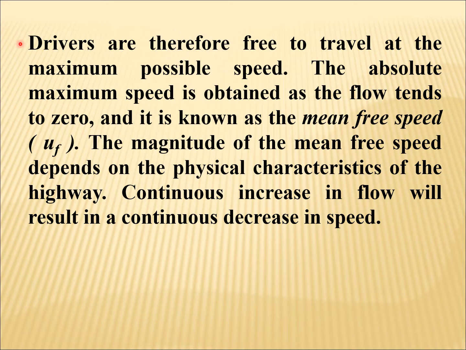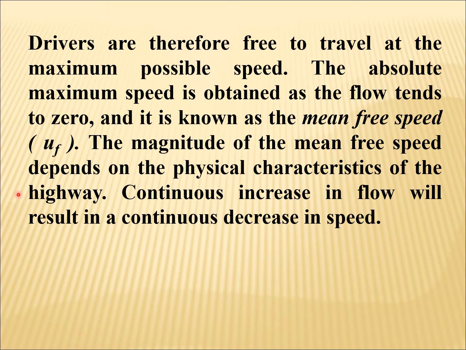Drivers are therefore free to travel at the maximum possible speed. The absolute maximum speed is obtained as the flow tends to zero, and it is known as the mean free speed, u sub f. The magnitude of the mean free speed depends on the physical characteristics of the highway.